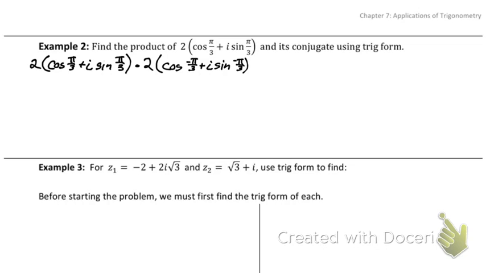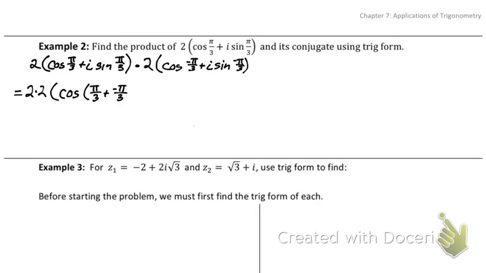Now we're going to use that formula from the other side for when I'm multiplying stuff to say, well, this is just going to equal our r's times r, so it'd be 2 times 2, times our cosine of our alphas added together. So it'd be pi over 3 plus negative pi over 3.